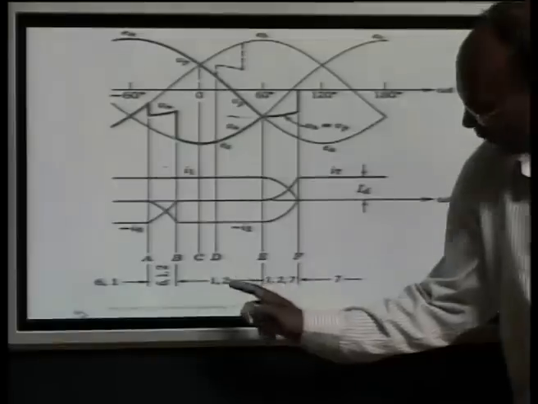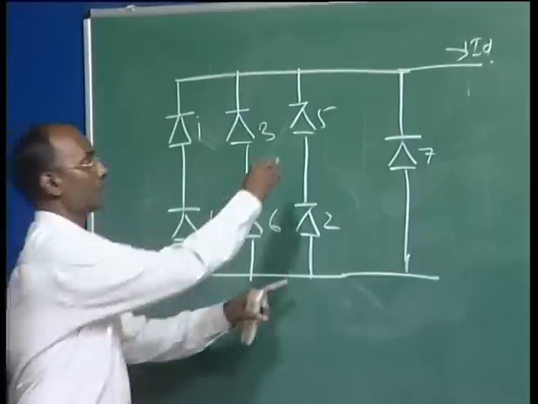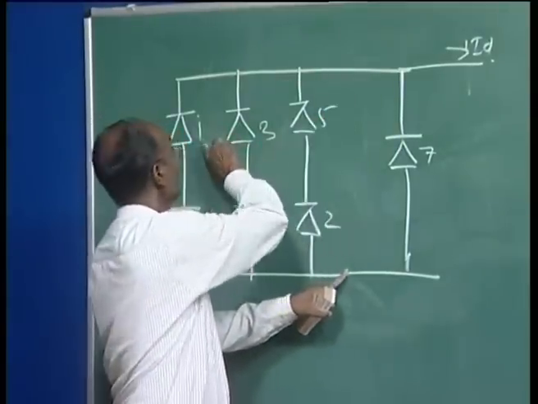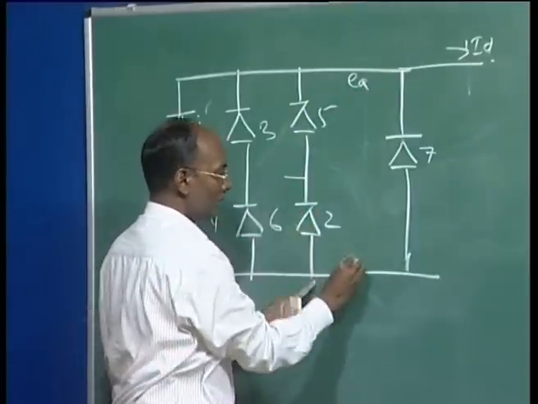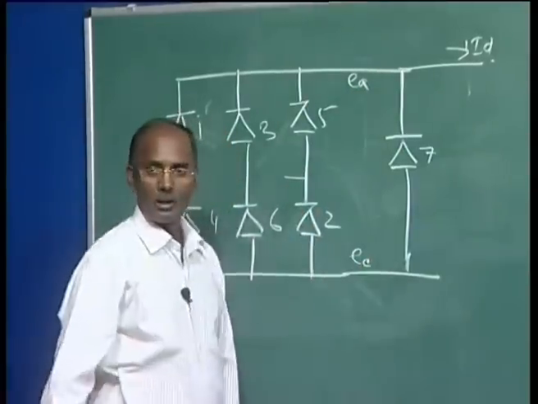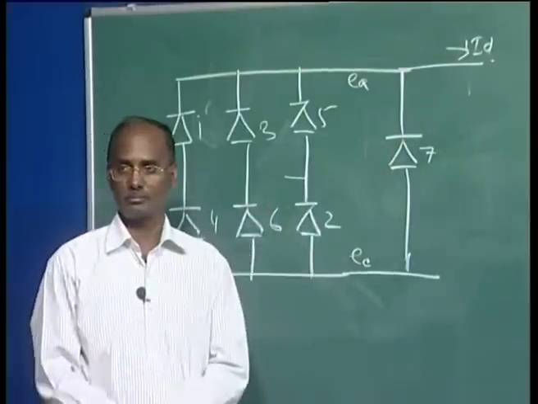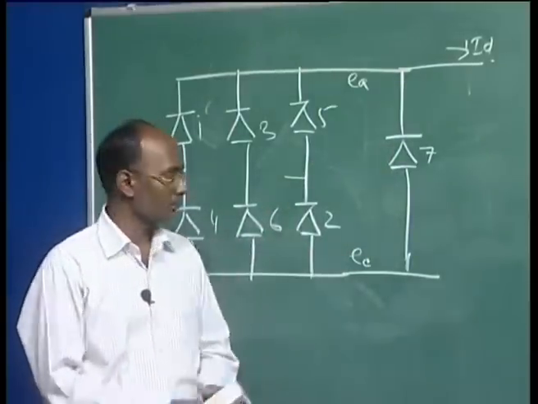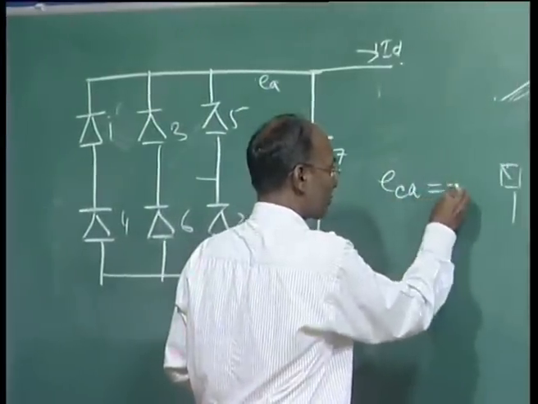Now once 1 and 2 are conducting, what will be the voltage here? For 1 it is EA, for 2 it is EC. The voltage across this should be positive to get it fired. Means the voltage we require here, ECA, should be positive.